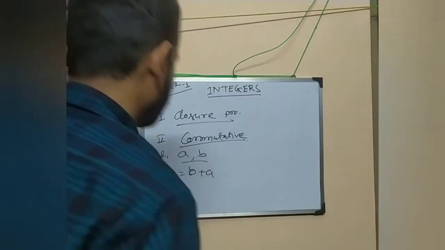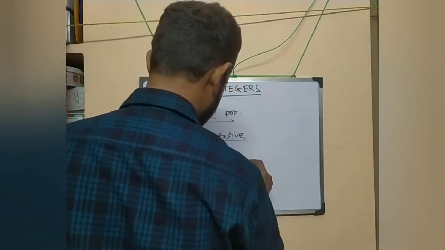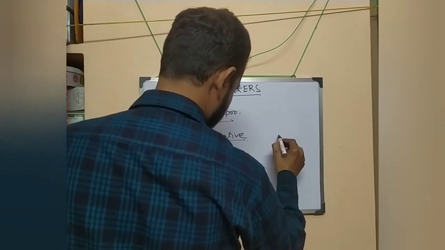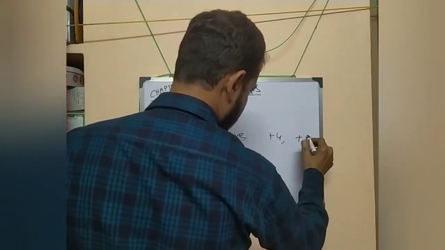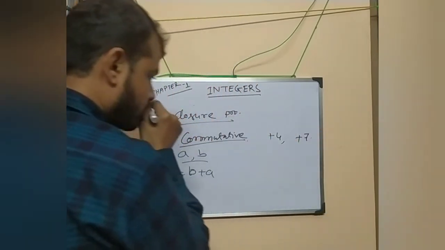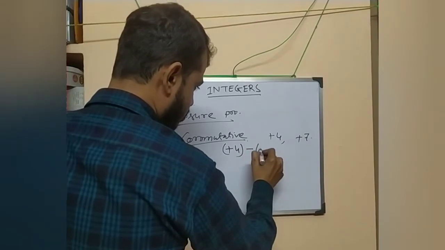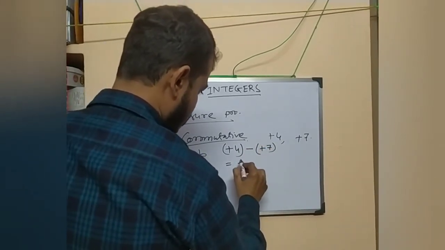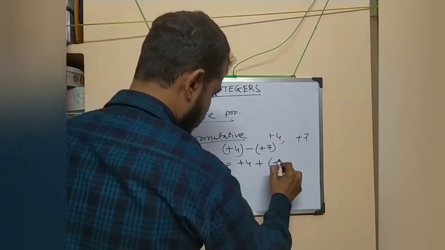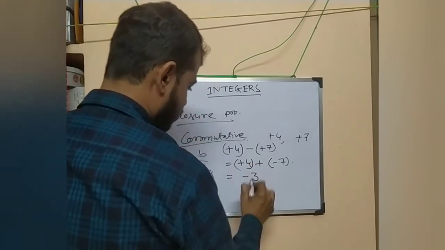Now for subtraction, if we take any two integers, plus 4 and plus 7, now plus 4 minus of plus 7 means plus 4 plus of minus 7, that means we have minus 3.